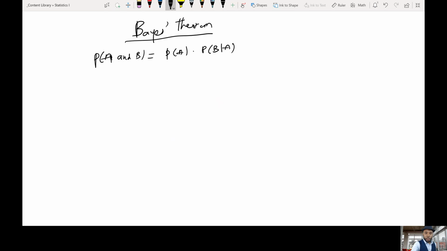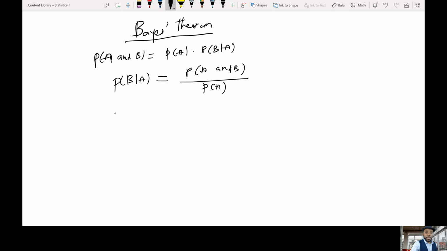So we can say here that the probability of B given A is equal to the probability of A and B over the probability of A, right?